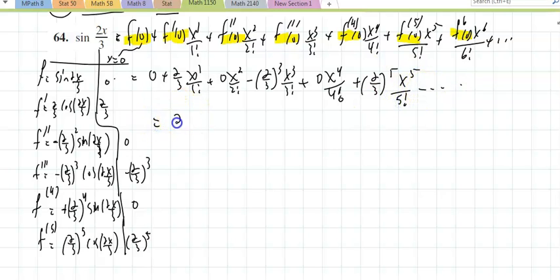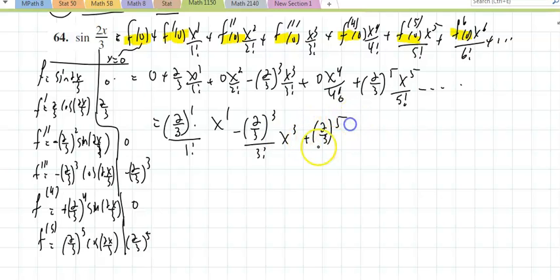And if I look at these terms, I notice there's 2/3 to the 1 x to the 1 over 1 factorial minus 2/3 cubed over 3 factorial x cubed plus 2/3 to the fifth over 5 factorial x to the fifth minus, and the list goes on.